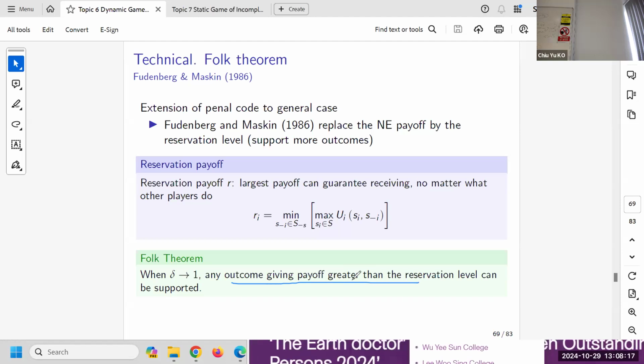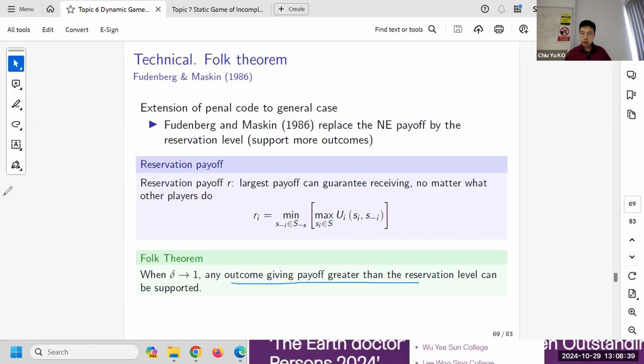Because almost everything can be supported. As long as you're not stupid, everything is done, because you can always guarantee something. That's why in the subsequent literature we try to relax a lot of assumptions there. But later you will see what we are relaxing.